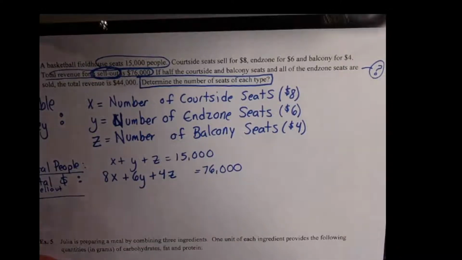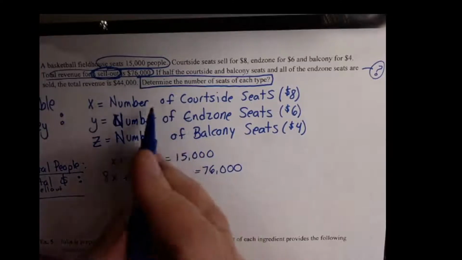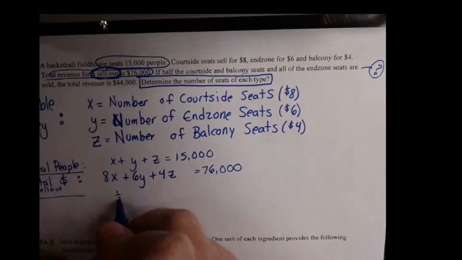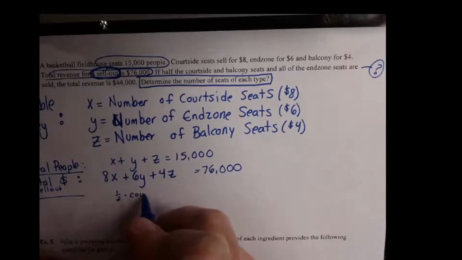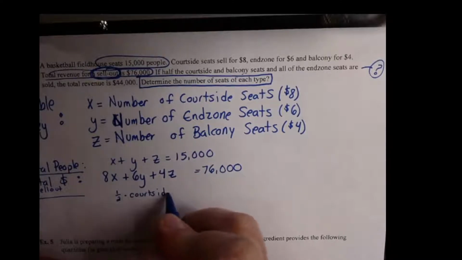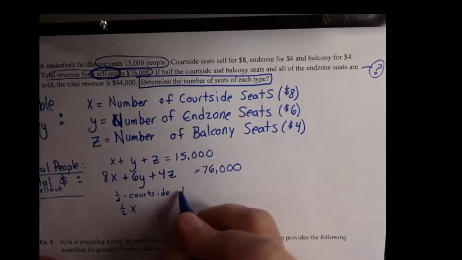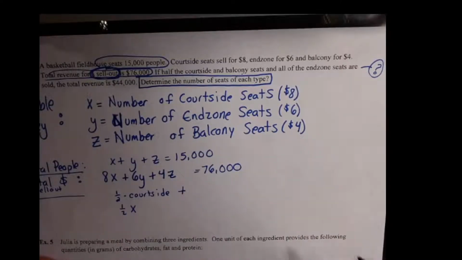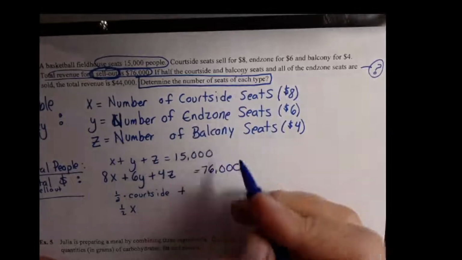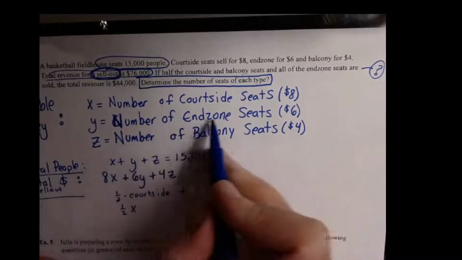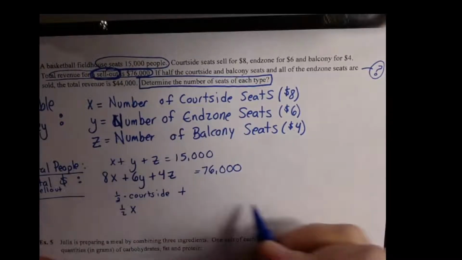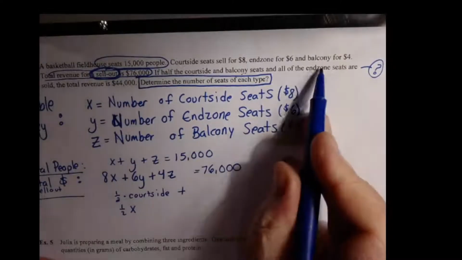Okay, so if I go in order, X, I'm going to have half the number of courtsides. So that would be 1/2 X plus half the balcony. The balcony is the third one. What about the end zone? Because I'm going to do this in order, X, Y, Z. It says all of the end zone.